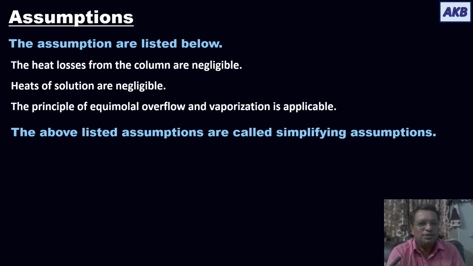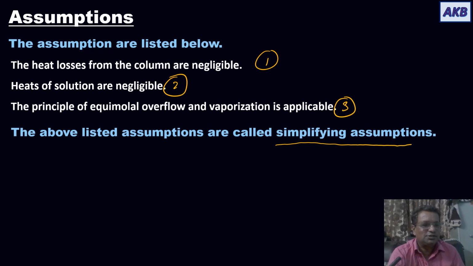Okay, so with these three assumptions, the McCabe Thiele method is used. And these assumptions are known as simplifying assumptions. These assumptions are made to simplify the analysis, simplify the method. So what is important for you?